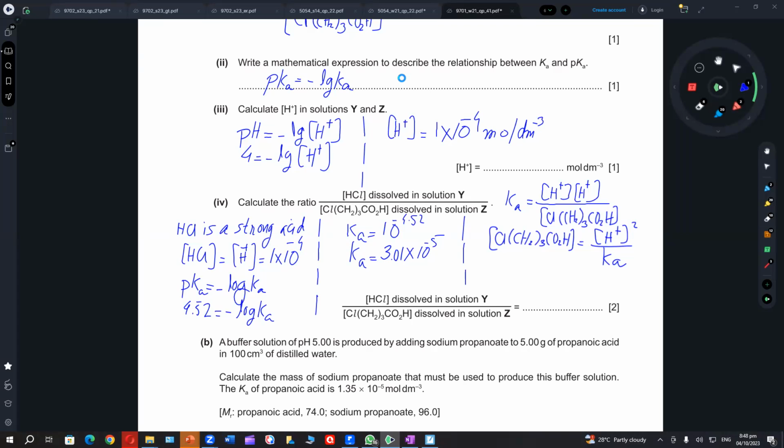I'm getting 0.018. Double check the calculation and then divide it.